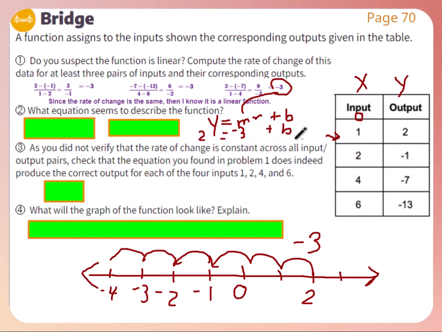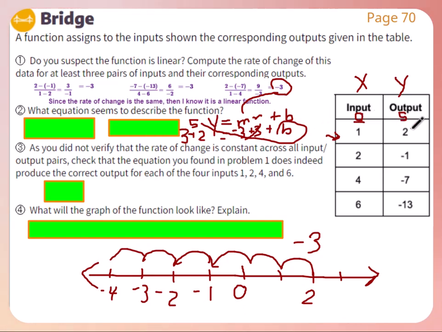Okay, now we're going to solve for b, so I'm going to add 3 to both sides. Three plus 2 is 5. This is going to be 0, so 5 equals b. So when x is 0, y equals 5.